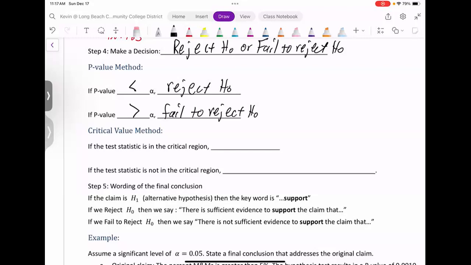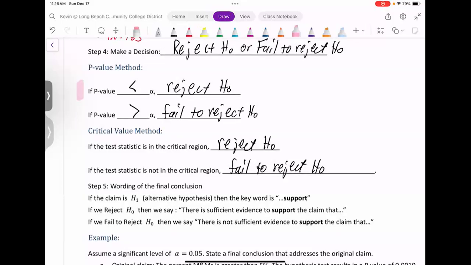All right, if the test statistic is in the critical region, and so this is the other version of this, we're going to reject the null hypothesis. If it's not in the critical region, we're going to fail to reject. So 2 ways to test this. This is going to be huge, so you're going to want to really mark this off in your notes. We're going to be using one of these 2 methods for the rest of the semester, actually. So make sure you have access to that.